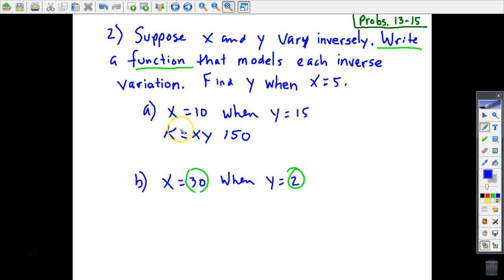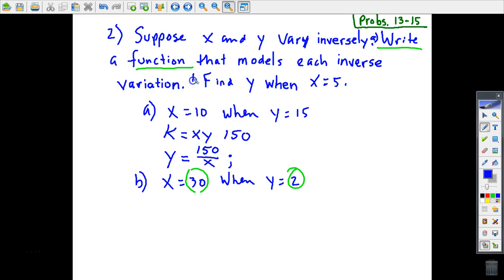So my first answer, we'll just break this up into answer part A, writing the function. That will be y equals, remember, k, which is in this case 150 over x. So I just wrote the function that models this particular inverse variation.